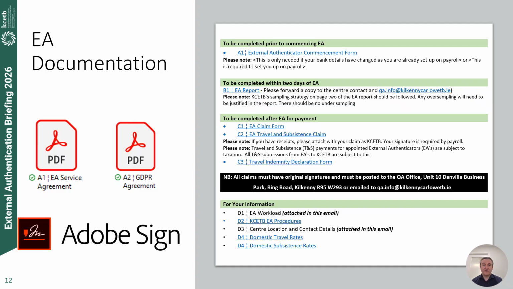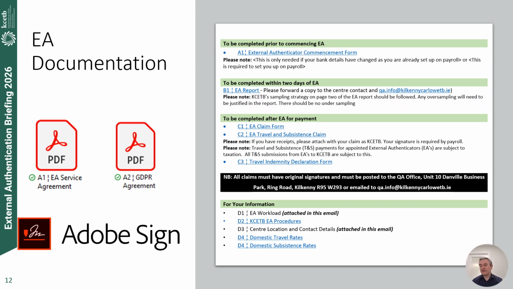Second is the EA report. You have the link to it here, and when you click on that, that's the report you fill in, and when it's completed, you send it to the centre contact and to us in QA at qa.info@kilkennycarlow.etb.ie. And just to note that the sampling strategy is listed in the report, and that we're looking at EAs abiding by the sampling strategy.